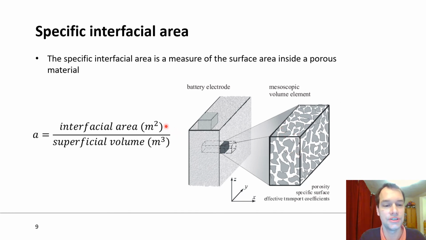So the interfacial area divided by what we call the superficial volume, and you see that then you have square meters divided by cubic meters. So the unit of the specific interfacial area is 1 per meter.